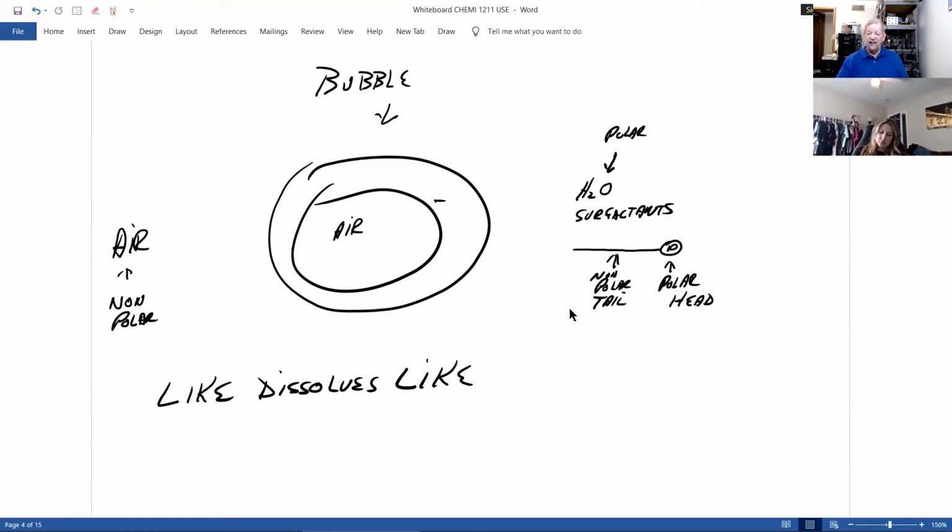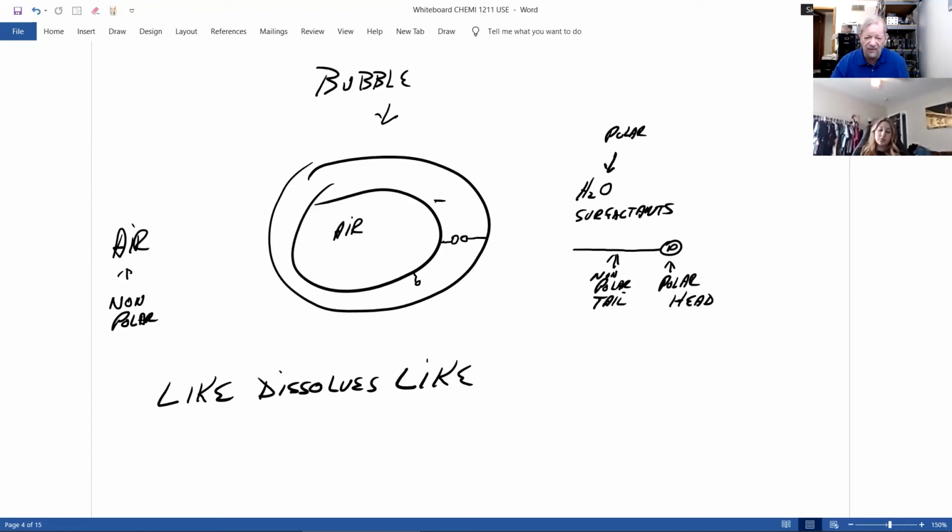Like dissolves like. Now, this is a different micelle than in dirt. Here, you have the non-polar tail wanting to be near the air. And the same thing here. And the polar head wants to be in the water.